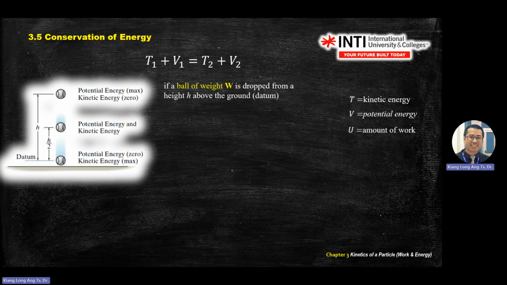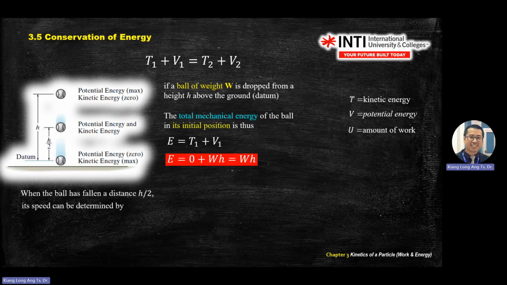This is just proving conservation of energy by using the ball location. If the ball drops from a height h, with the ground as your datum, let's say. To prove this is valid, you start from energy equal to T1 plus V1.